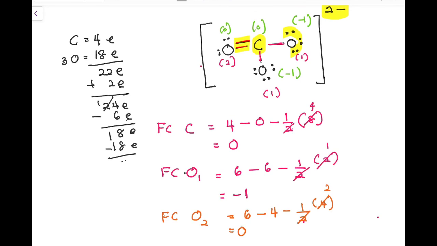Right. So maybe we will look at the next example, ICl4. I will draw the structure.